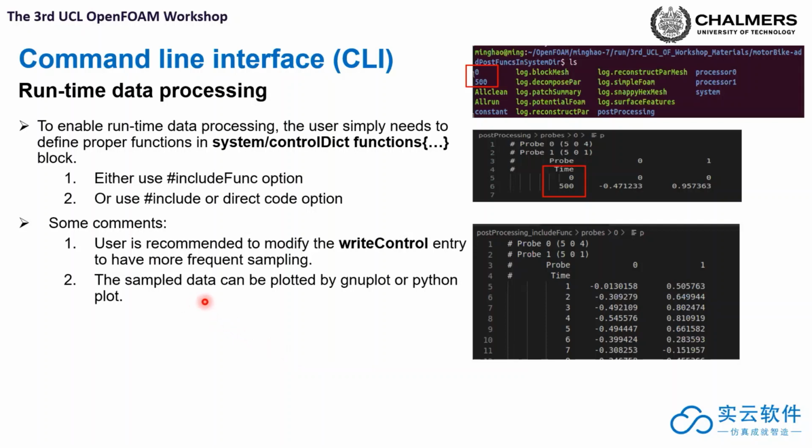And then the sample data, for example like this, is data with 3 columns containing the time and the pressure or velocity, depending on what you selected. So you can plot this with any plotting tools.